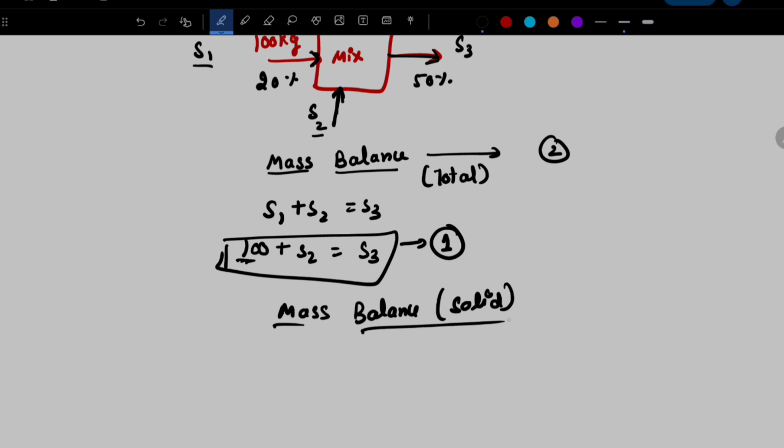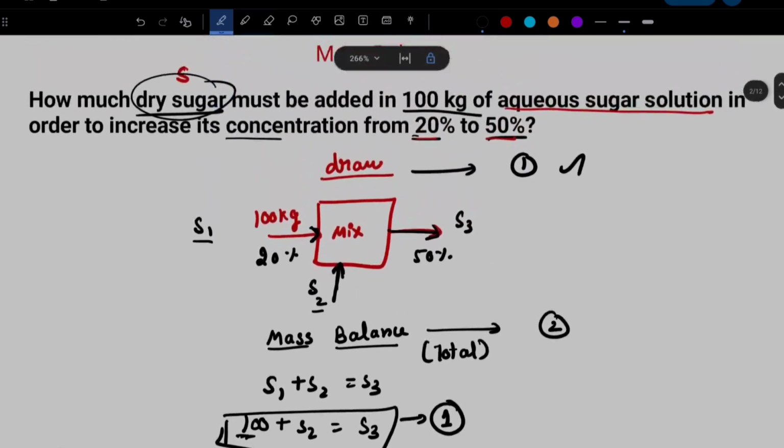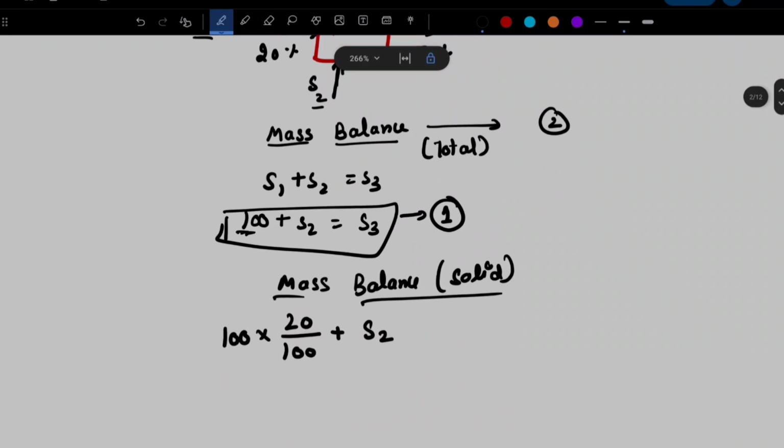The first mass balance contains total solids and liquids, because the 100 contains both. Now I am going to compare only solids. How to do it? In that 100 kg, 20% means 20 divided by 100 is the amount we need. So 100 into 20 divided by 100. S2 we don't know how much we need to give, so it's just S2, which is simple sugar. We don't have any other data related to S2.